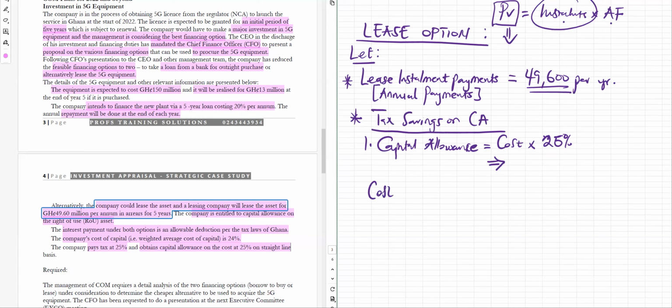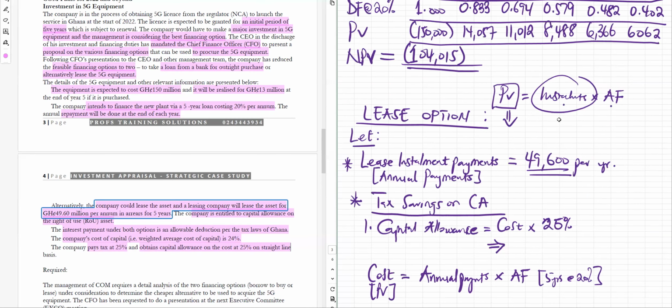The cost, or the present value, must be the present value of an annuity. So this is the annual payment times the annuity factor. Because it's for 5 years at 20%, we have already gotten the annuity factor at the top.